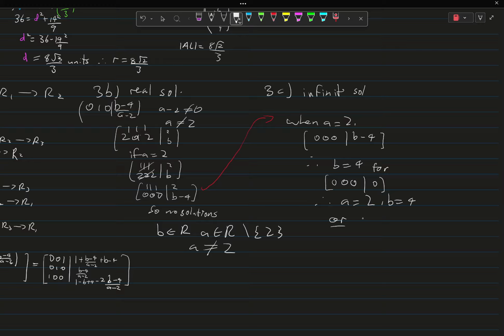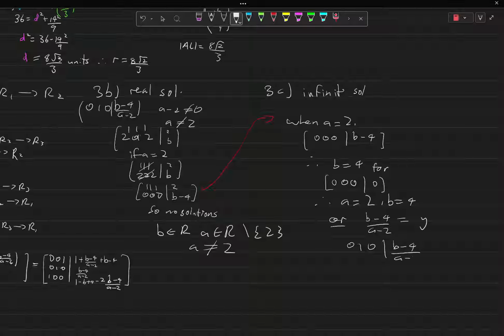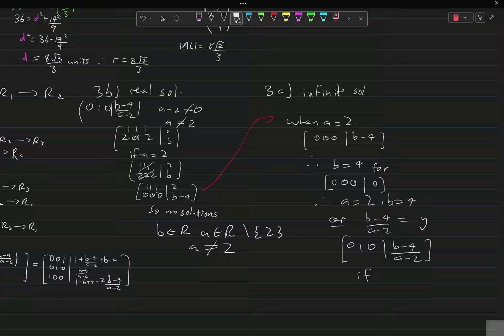Or B minus 4 over A minus 2 equals Y with our 0, 1, 0 minus 2. With that, if B equals 4, A is equal to 2, we get 0 over 0. So it isn't like infinity, but it's indeterminate.